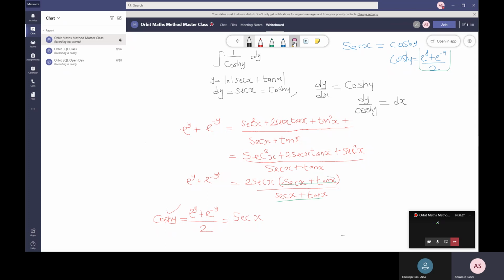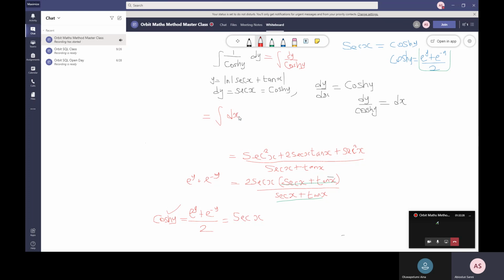So if I use that logic here, this equation actually seems to be saying the integral of dy over cos y, right? So instead of saying the integral of dy over cos y, I'll say this is equal to the integral of dx.